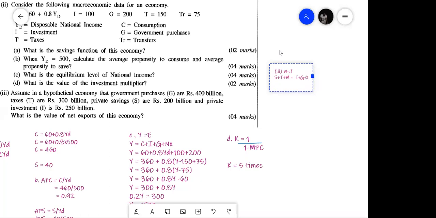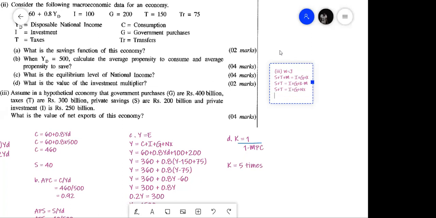So we'll move imports onto the other side, right? So savings plus taxes is equal to investment, government spending plus X minus M. So X minus M is your net exports. Okay, so savings plus taxes is equal to investment plus government spending plus net exports. So now you have the values.